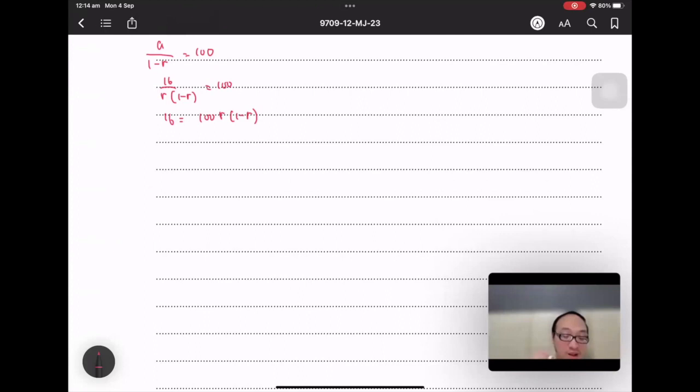And then I can divide by 4 on both sides. I have 4 and 25. So 4 equals 25r minus 25r squared. So we have the quadratic equation: 25r squared minus 25r plus 4 equals 0.